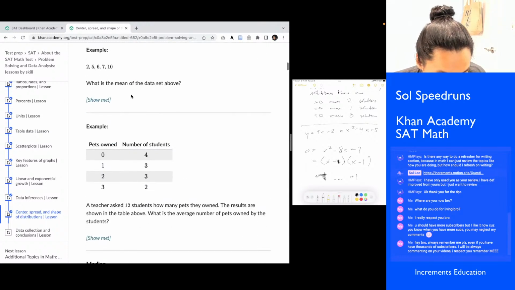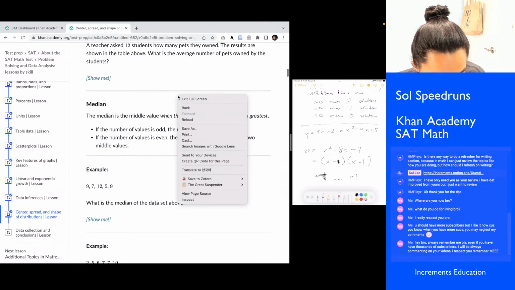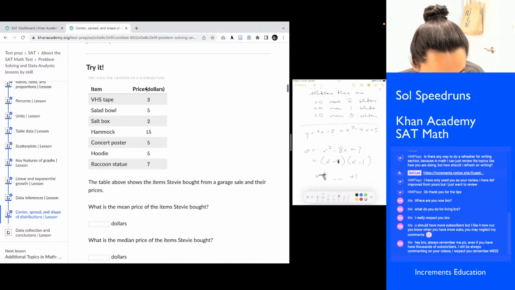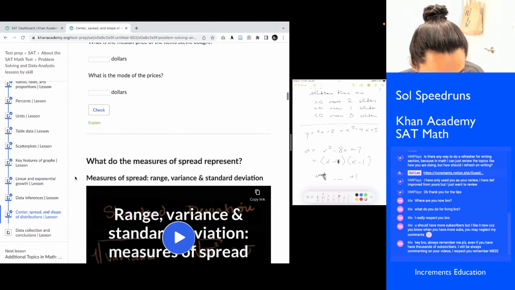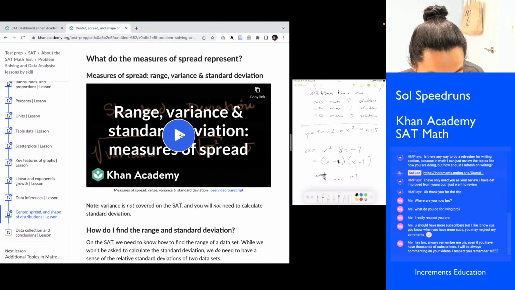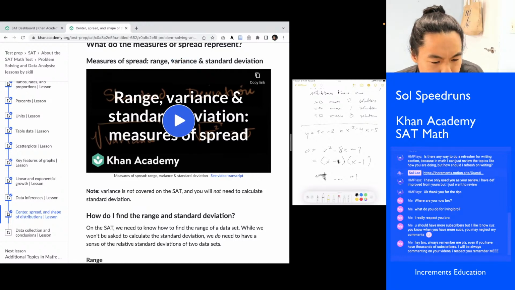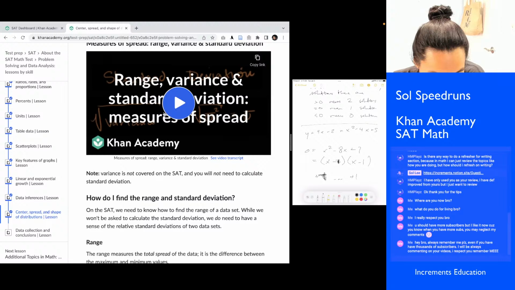Center, so center is pretty solid. I'm good with centers. And then we have what I need to know. Variance, I'm solid. Variance and standard deviation are pretty much the same thing, except one of them is like the root of the other, right?